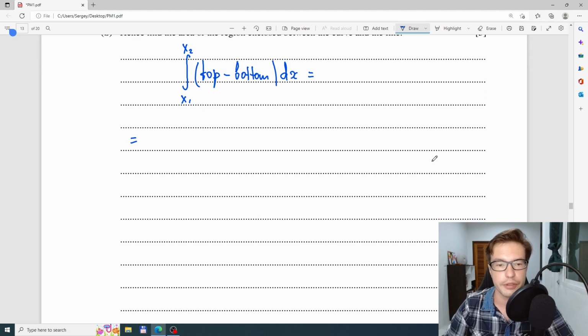Okay, let's use the formula above. So we have to find the integral from 2 to 6. These are the x coordinates of intersection of (3x minus 2) to the power of 1 over 2, minus (x over 2 plus 1) dx.